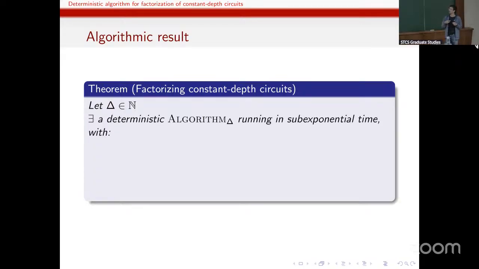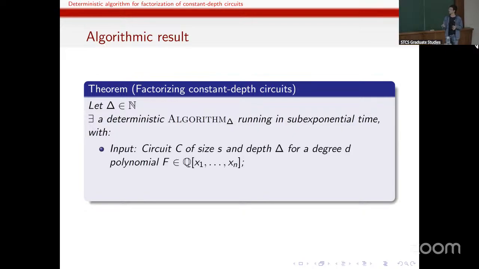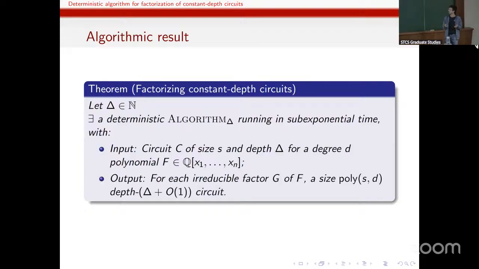Then I can give you a deterministic algorithm which runs in sub-exponential time in the number of variables, degree, and so on, which takes as input some circuit of size s and depth delta, computing a polynomial of degree d, and it outputs for each irreducible factor a size poly(s, d) circuit, and the depth only goes from delta to delta plus some constant which is independent of everything else. So maybe delta plus 10 or something. So I hope the result is clear. It's essentially an algorithmic version of what Shantanu presented.